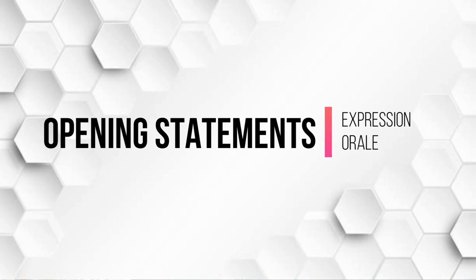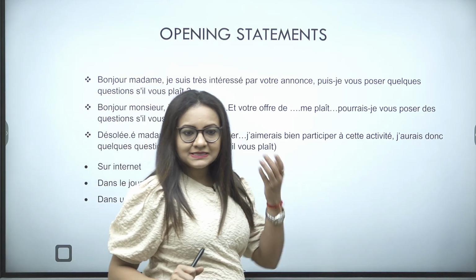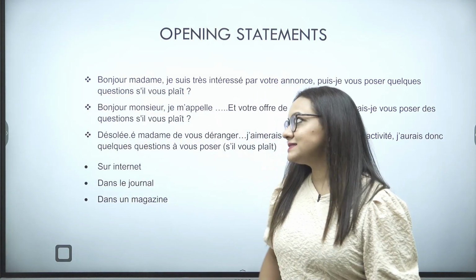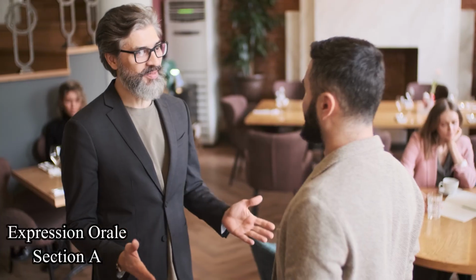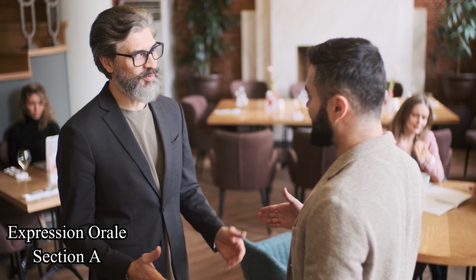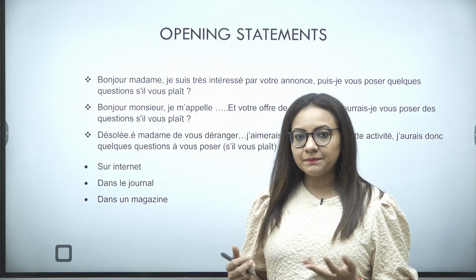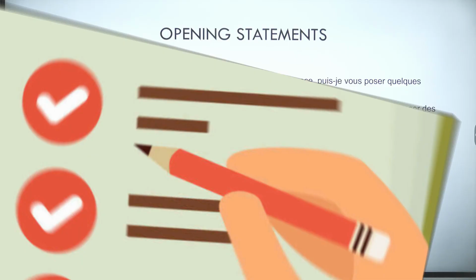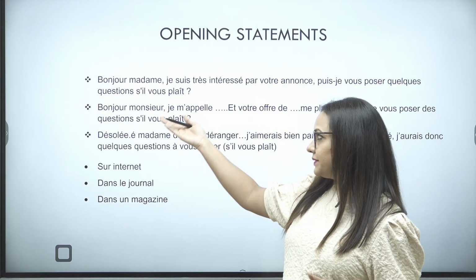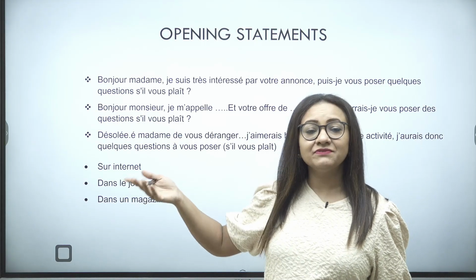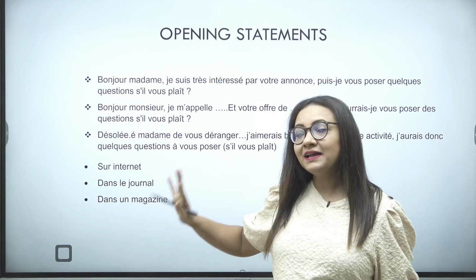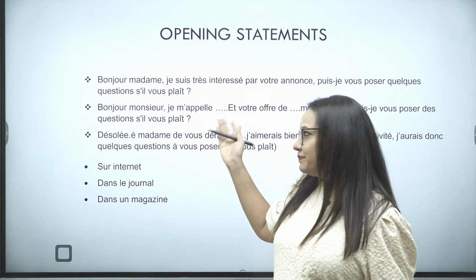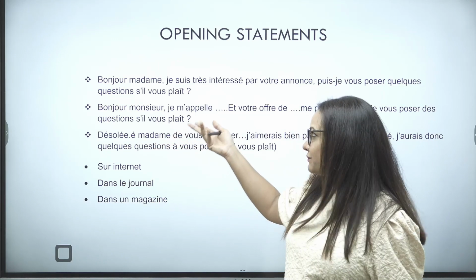Continuing further, some of the opening statements I have given you to help you understand better how you can start the Expression Orale, particularly section A. For example, we should not start directly with, okay, I would like to know A, B, C, D. Ideally, I would request you to copy any one of these, because honestly there are no marks for these openings, as the invigilator knows that you have crammed them. So feel free to copy whichever you like.